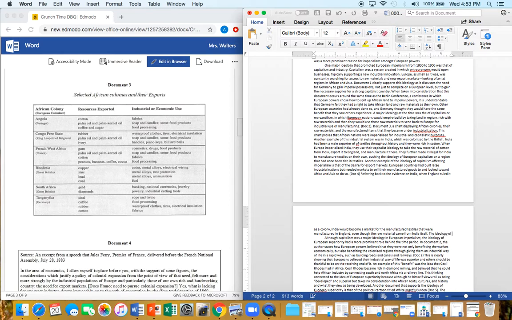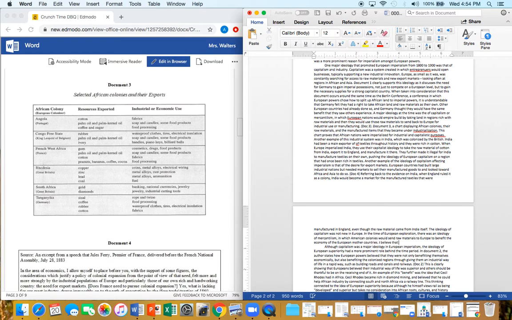The ideology of capitalism was not new in Europe. At the time of European exploration, there was an ideology of mercantilism in which American colonies would send raw materials to Europe to benefit the economy of the European mother countries.